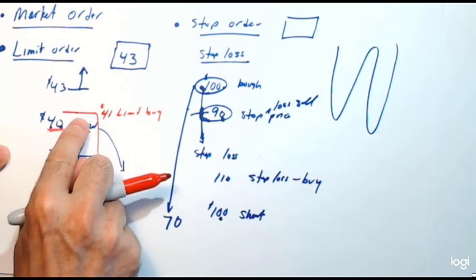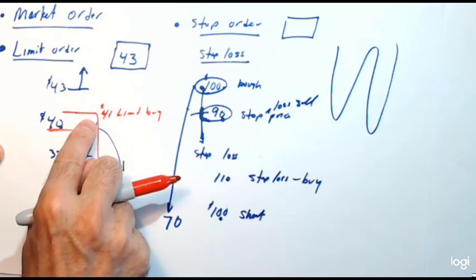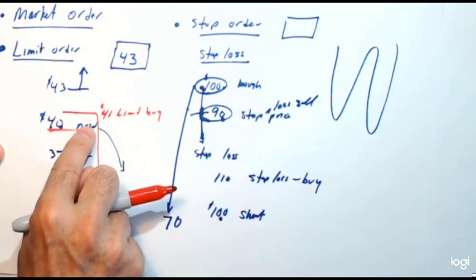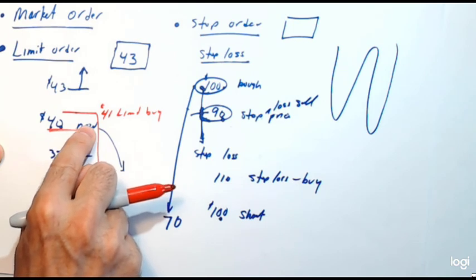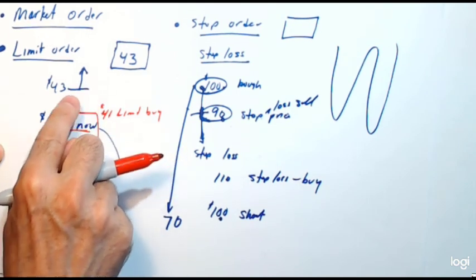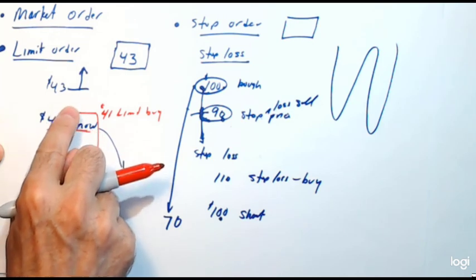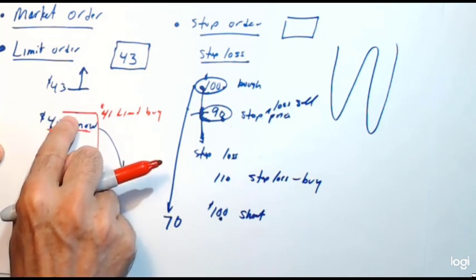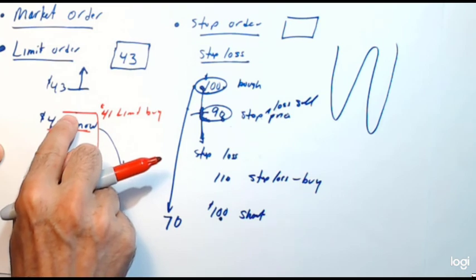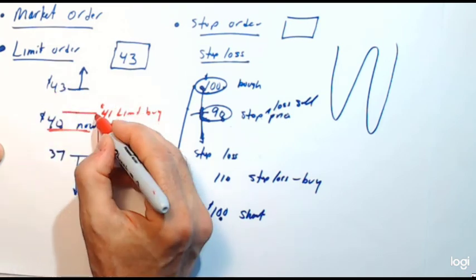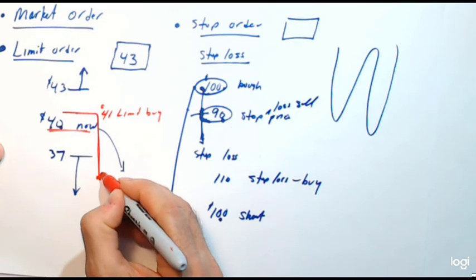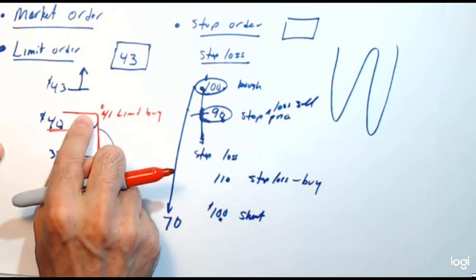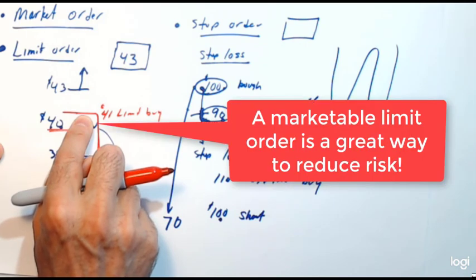So this order is going to get executed at 41 or less, probably around 40, but in a highly volatile market, it's possible the stock jumps up and the order doesn't transact. You can actually pay a higher price right up to the $41 mark, but you're going to pay 41 or less with a limit buy. So what you're doing is putting a cap on the price that you're going to pay.